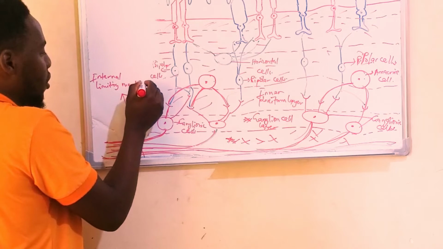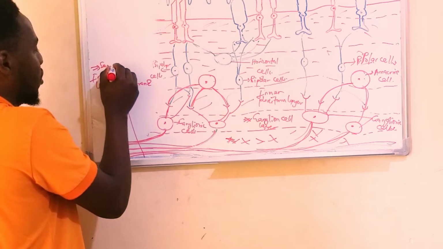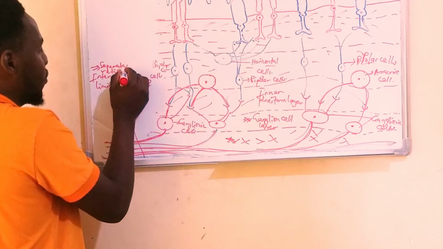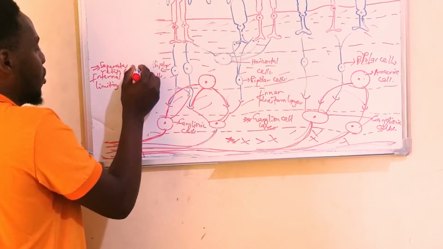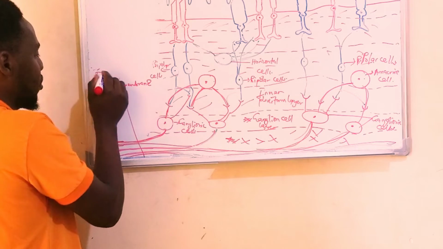So it also has Müller fibers, just like the external one. This one separates the retina from, okay, let's write it on top there, the internal limiting membrane.